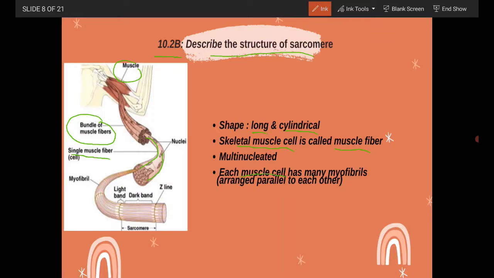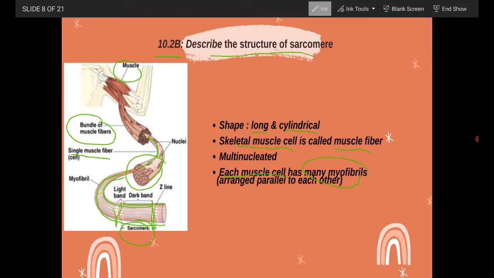Each muscle cell has many myofibrils. So this is myofibril, and inside the myofibril, there are many segments called sarcomere.